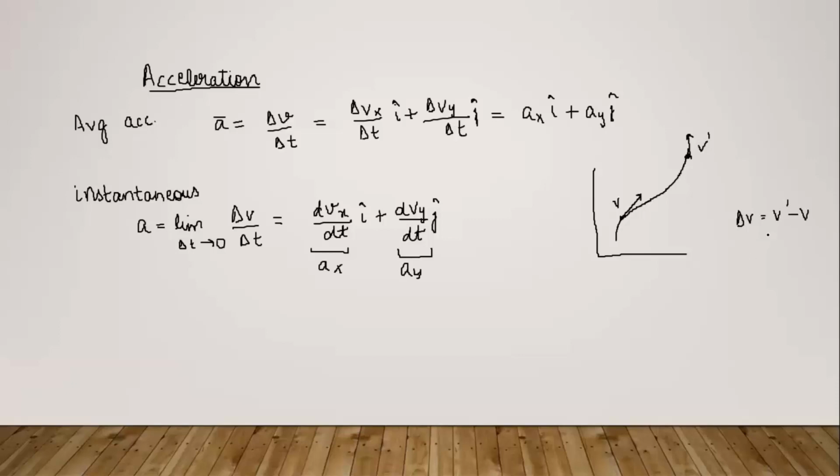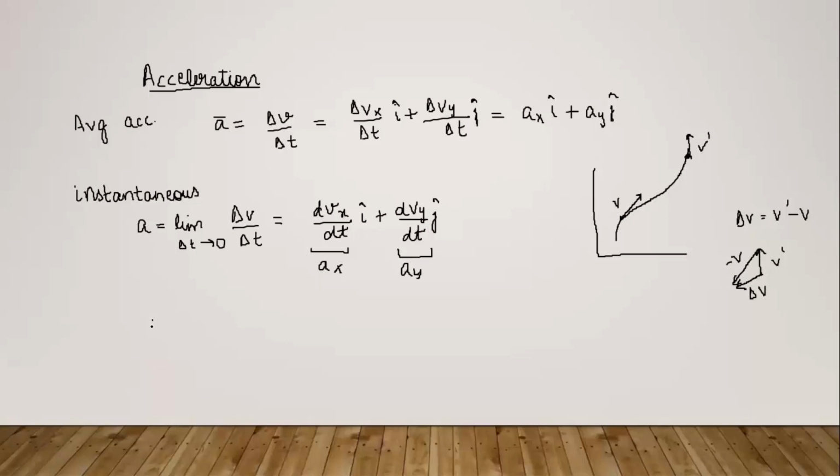We can calculate this using the triangle law or the parallelogram law. So v dash plus minus v; minus v will be in this direction. This is minus v, this is v dash, and then we will simply join these two and we will get the delta v vector. So this is the direction of delta v, and the same will be the direction of the average acceleration.